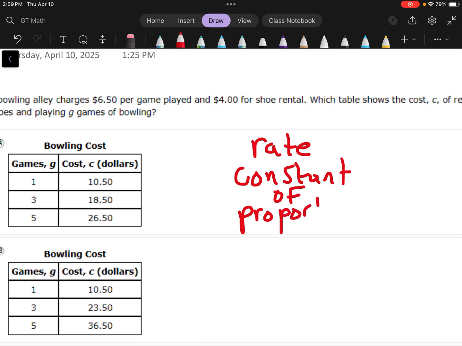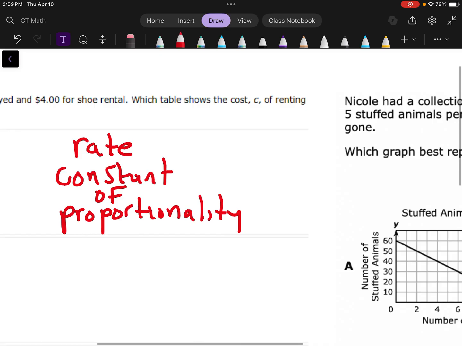What else? Proportionality and technically slope, right? All of these things can be found by doing one thing, and that is y divided by x.